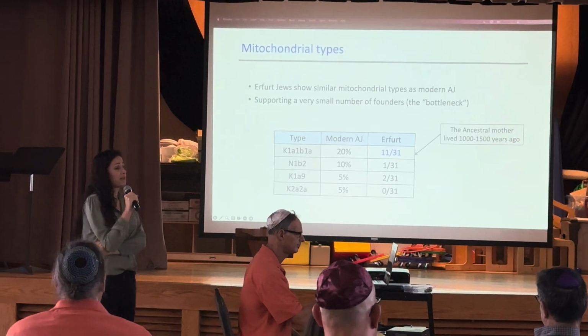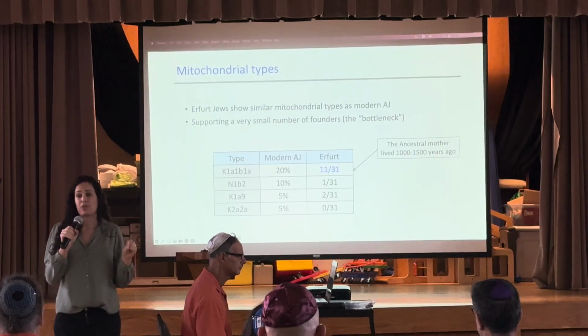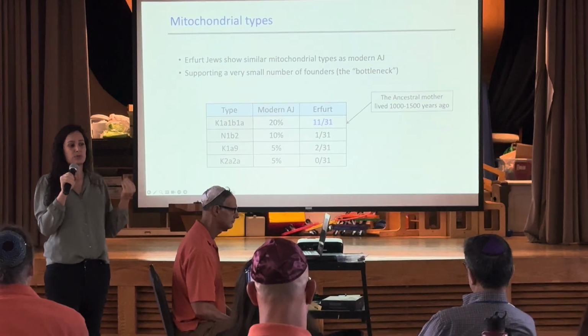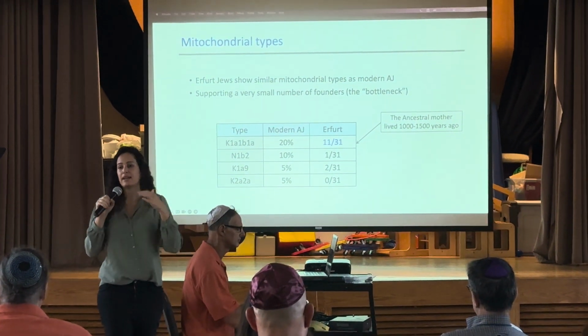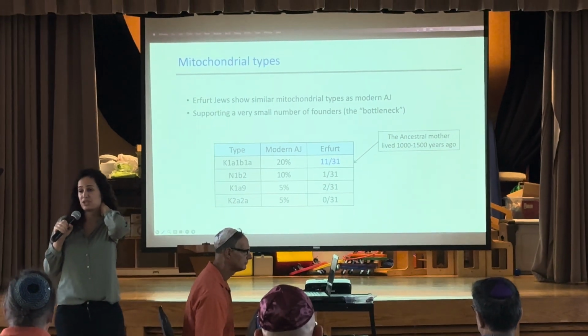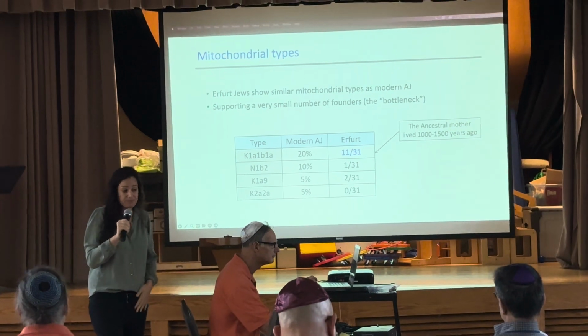We did all kinds of analysis that I won't describe now, but another thing that we did was to check whether the Erfurt samples have the disease mutations that are present in modern-day Ashkenazi Jews.